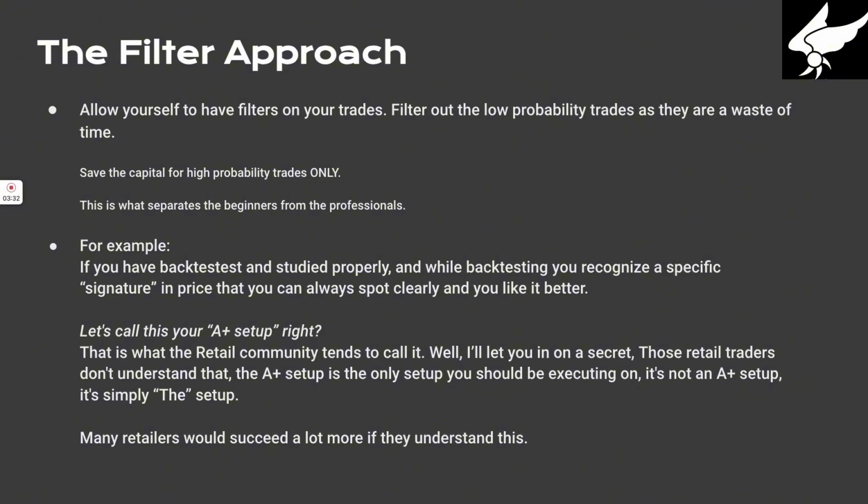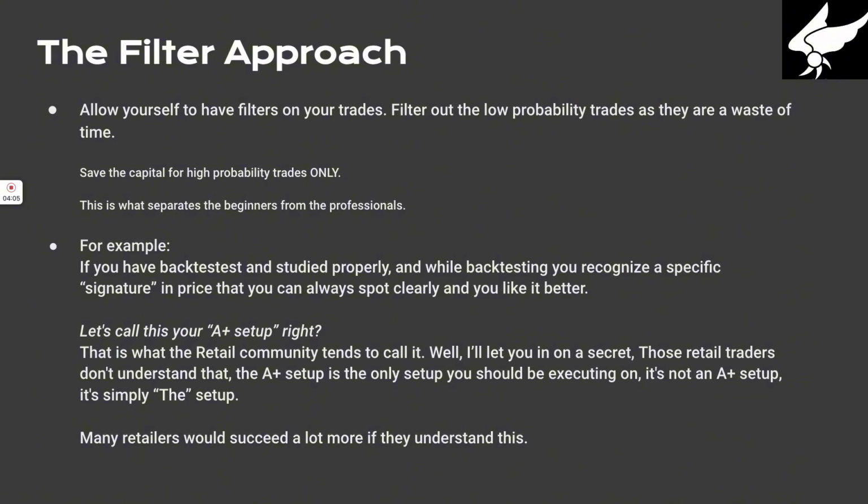That is what the retail community tends to call it. Well, here's a secret. Those retail traders don't understand that that specific A+ setup is the only setup they should be executing on. It's not an A+ setup, it's simply the setup. Many retailers would succeed a lot more if they simply understood this.